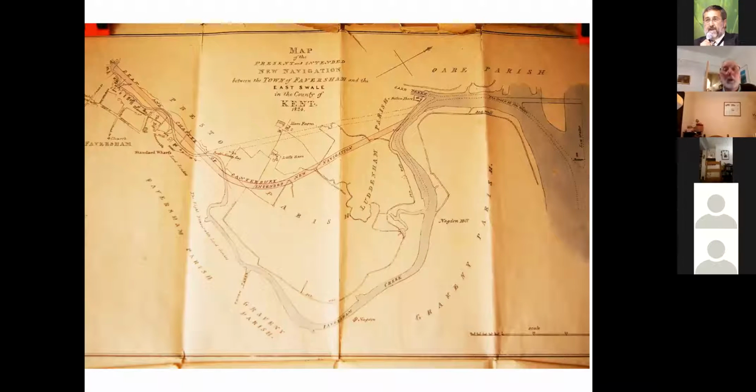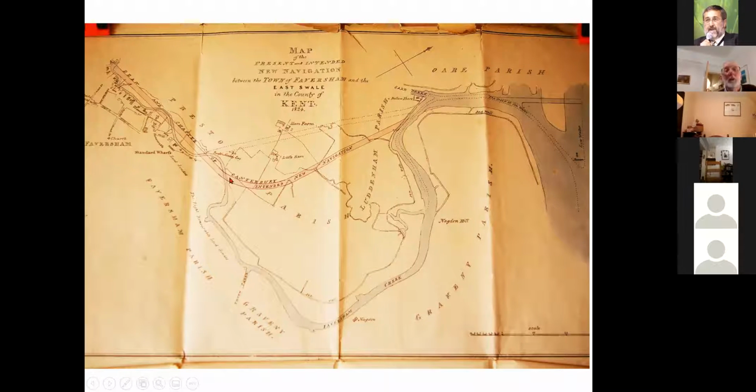Now, I want to move on. I'm already running out of time, I see, but I want to move on now to the mid-1800s. So this is early 1800s. This is a plan by Thomas Telford to straighten the creek and alleviate that problem of the curves in it.